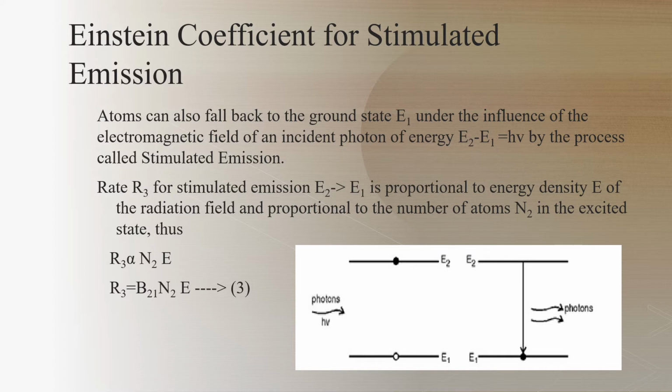Rate R3 for stimulated emission E2 to E1 is proportional to energy density E of the radiation field and proportional to the number of atoms N2 in the excited state. Thus, R3 is directly proportional to N2E, R3 equal to B21 N2 E. This is known as the third equation.